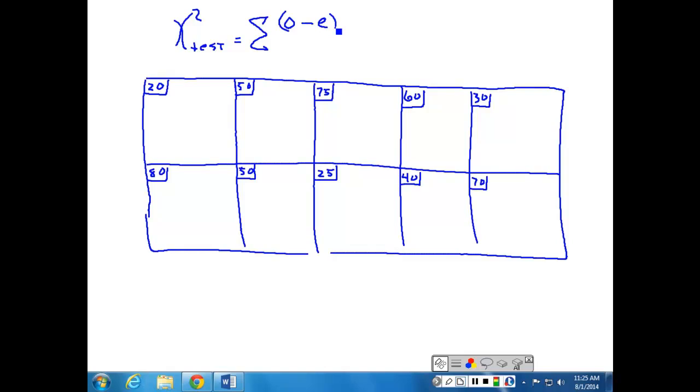The values I have up right now are the observed values. Sometimes you'll see this F sub O and F sub E to mean frequency observed, frequency expected. So first thing I'm going to do is I'm just going to sum.